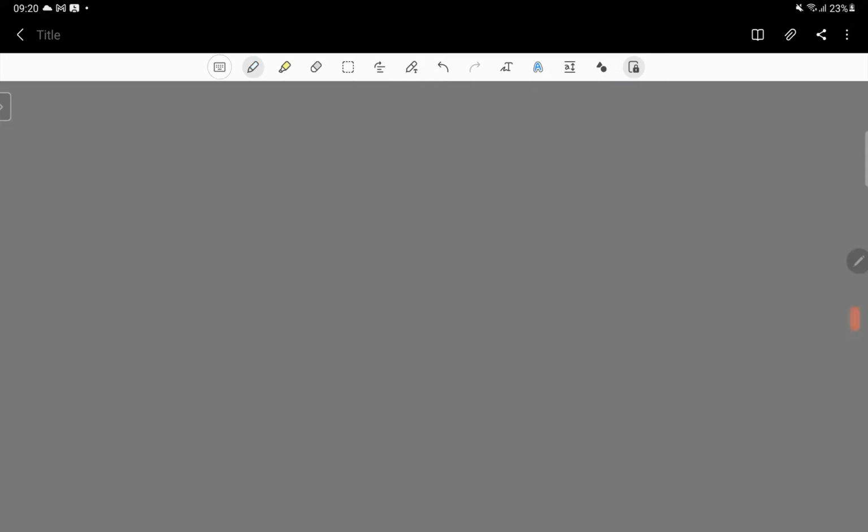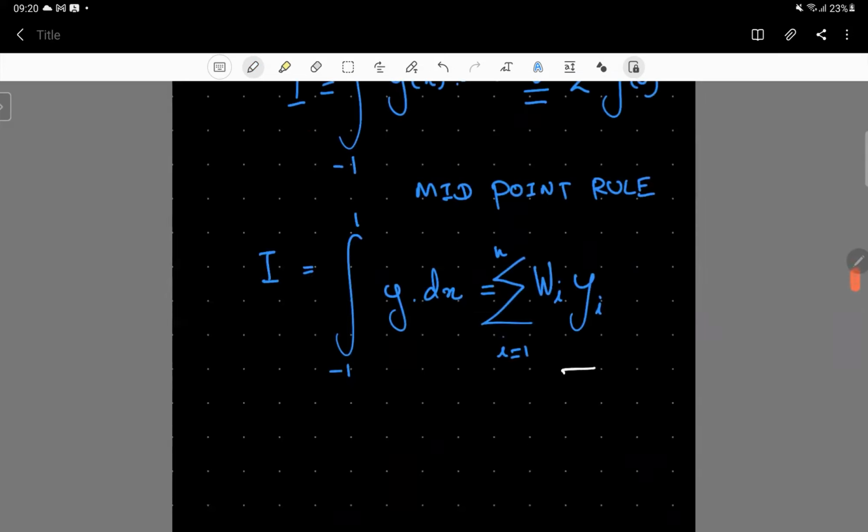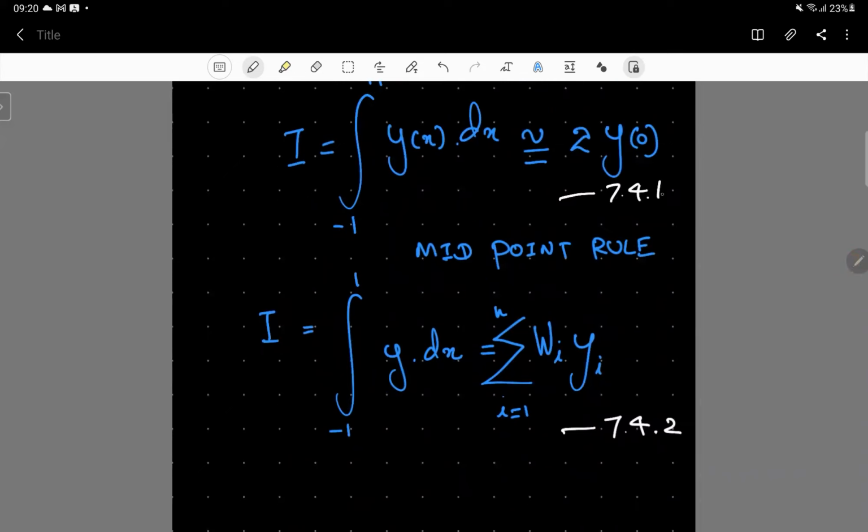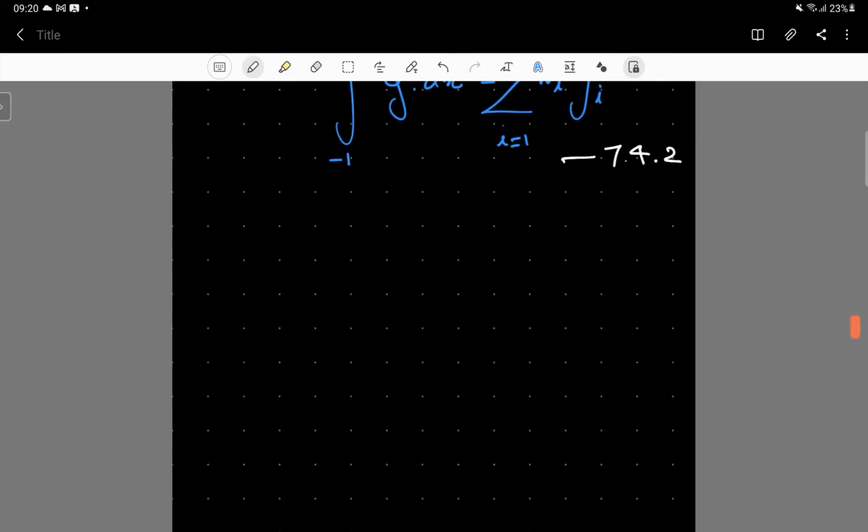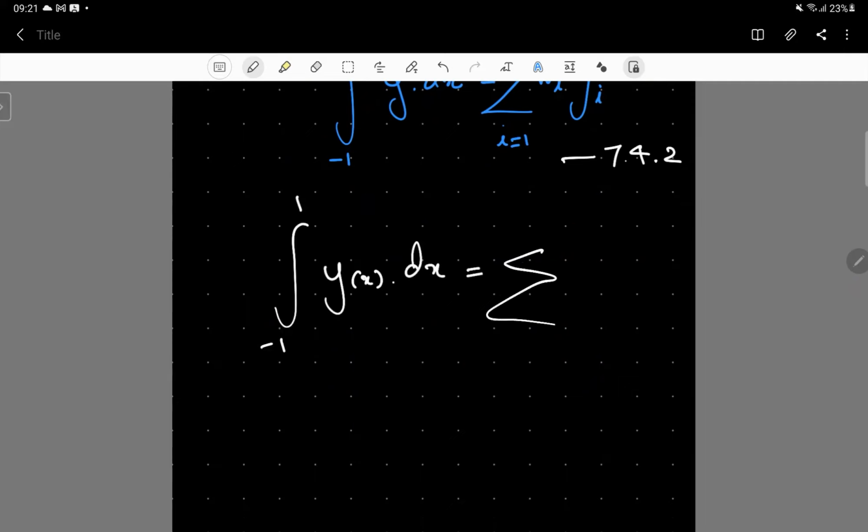So the general formula that we will be using in this Gaussian point integration scheme is that any function whose integral we are interested in evaluating, bounded by -1 to +1, can be approximated in a numerical sense.